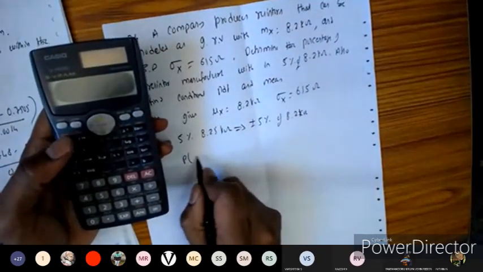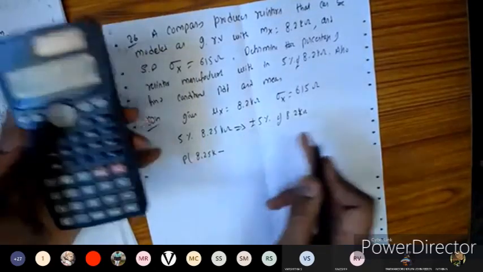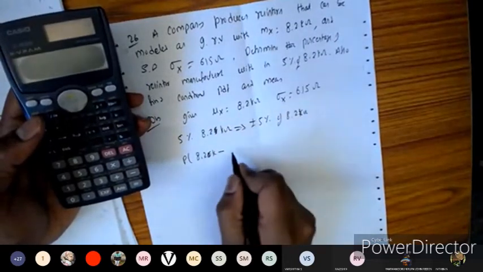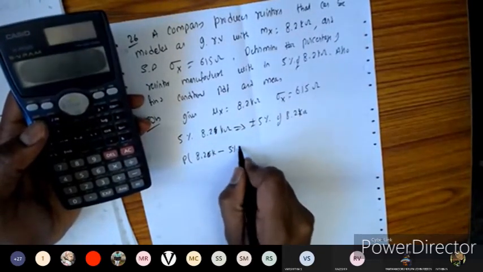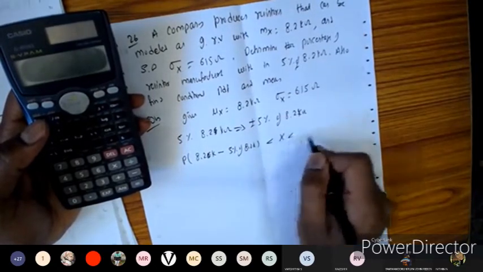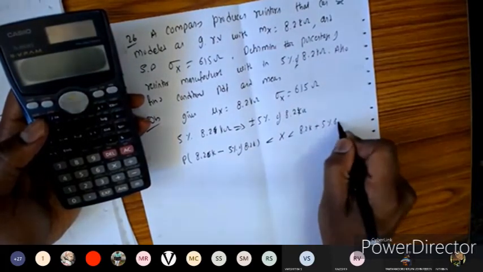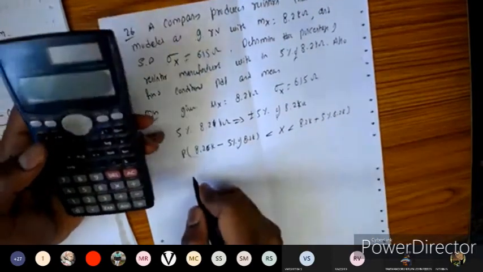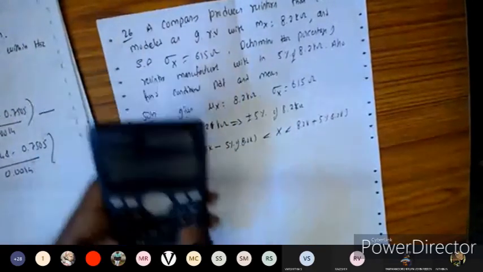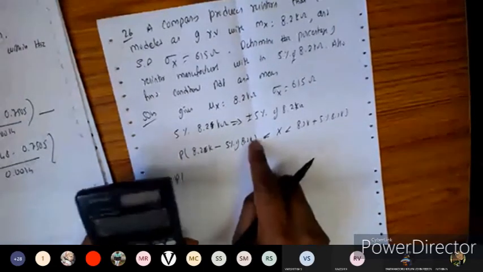So the range will be 8.2 kilo minus 5% of 8.2 kilo, less than x, less than 8.2 kilo plus 5% of 8.2 kilo. In the calculator you can compute 8.2 kilo minus 8.2 kilo into 0.05 here.